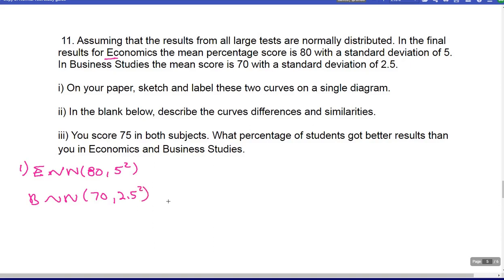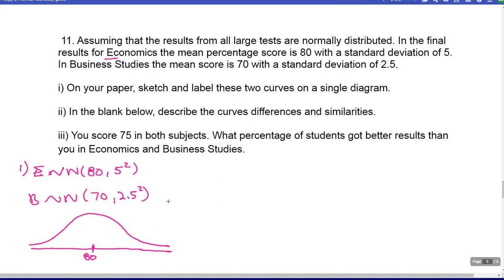All right, so let's start with this one. If I'm drawing a sketch of this, this is the mean, right? What's the mean? 80. So I put an 80 here. Now remember, most of the graph is going to be within 3 standard deviations.